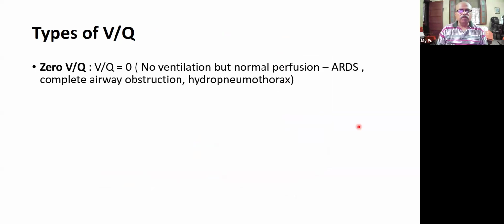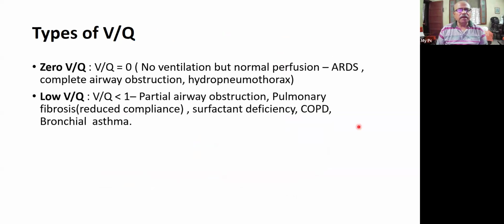One is a zero VQ zone, where there is no ventilation, and that can occur in ARDS, complete airway obstruction, hydropneumothorax. There are regions where the VQ ratio is less than 1. We call it a low VQ zone. It occurs during partial airway obstruction, pulmonary fibrosis because of reduced compliance, surfactant deficiency, COPD, bronchial asthma.